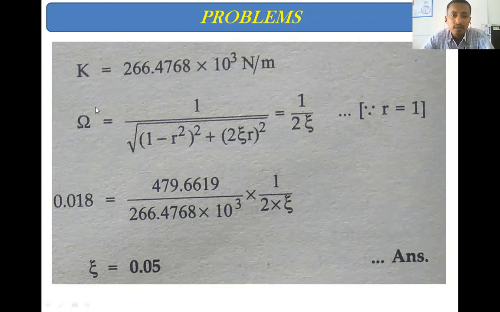Now we can go for the magnification factor formula. The magnification factor is given by 1 by square root of (1 minus r square) whole square plus (2 zeta r) whole square.